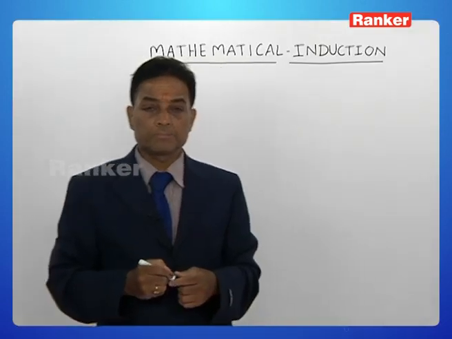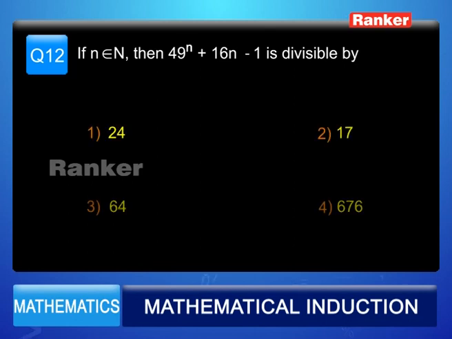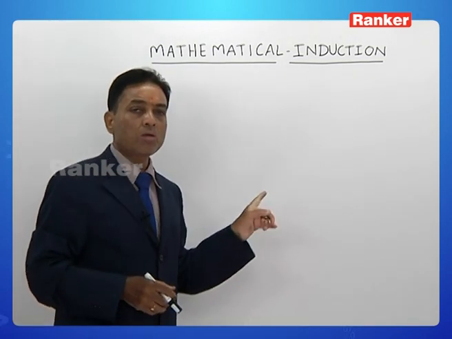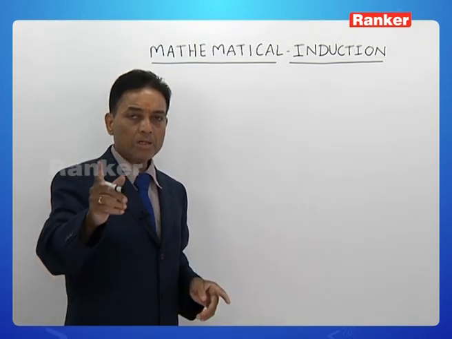Question number 12. If n belongs to natural numbers, then 49 power n plus 16n minus 1 is divisible by what? First option 24, second option 17, third option 64 and finally fourth option is 676. So, let us try this and solve for the answer and for the right option.